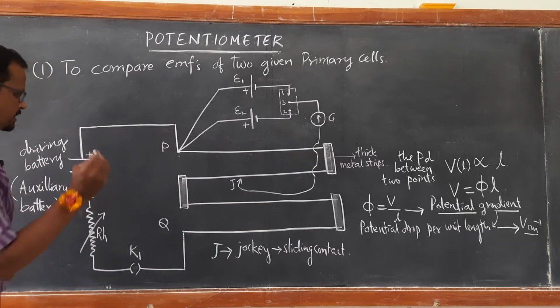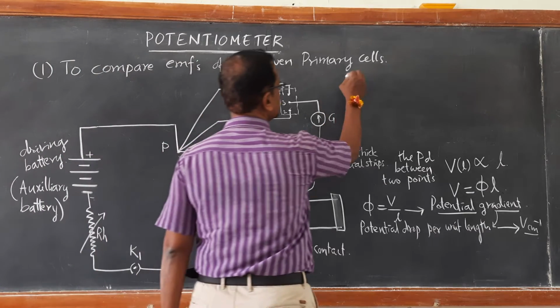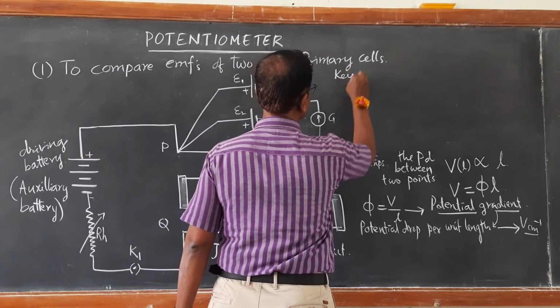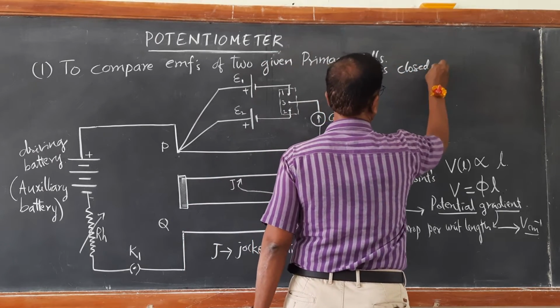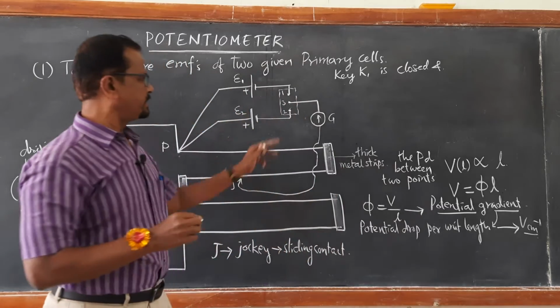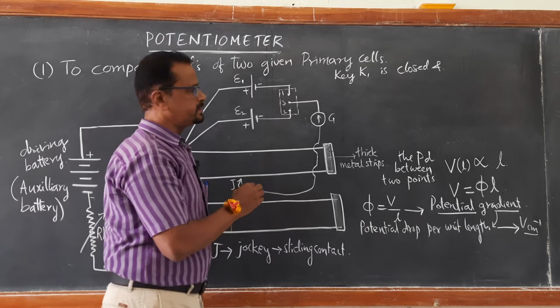Okay, to start with, we close the key K1. Key K1 is closed, and in the two-way key, you can see these are the two negative terminals of the cells E1 and E2.